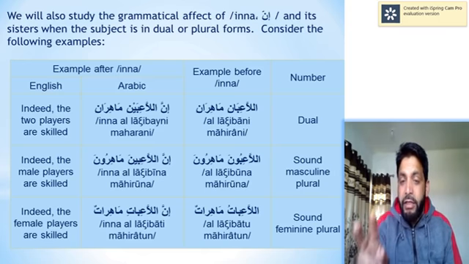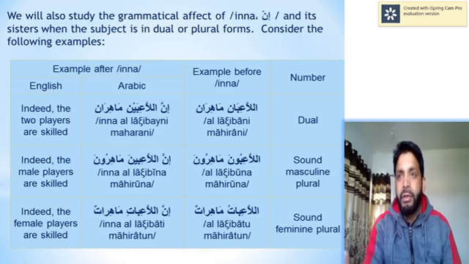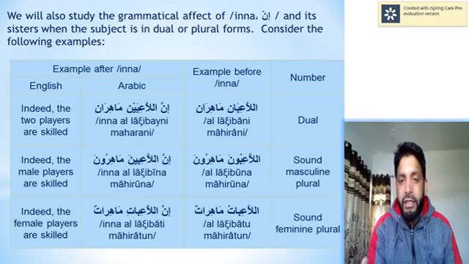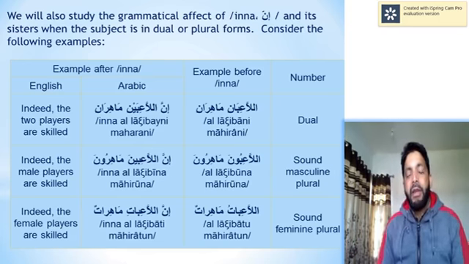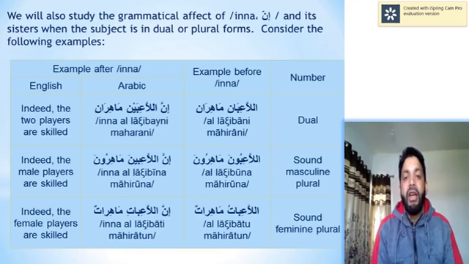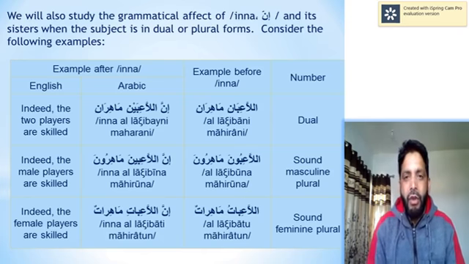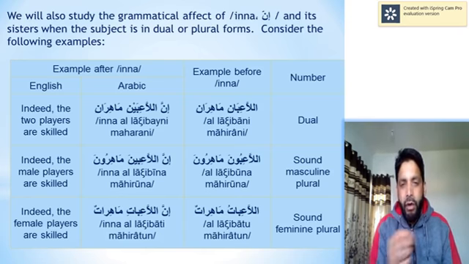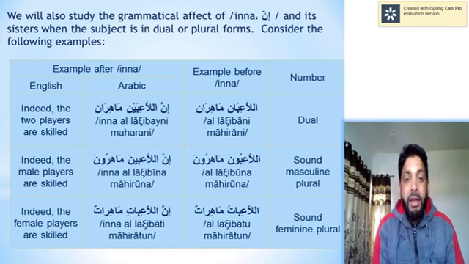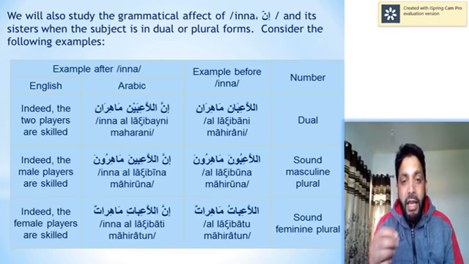Al-la'iban is mubtada, mahiran is khabar. But you see, the mubtada al-la'iban is musanna, it is dual. It represents two. Before this, we saw the mubtada was not representing two, it was just representing one. But now it represents two. Now, when we use inna or any of its sisters on a dual nominal sentence, you see what happens.